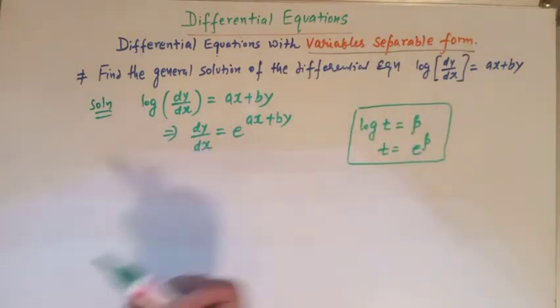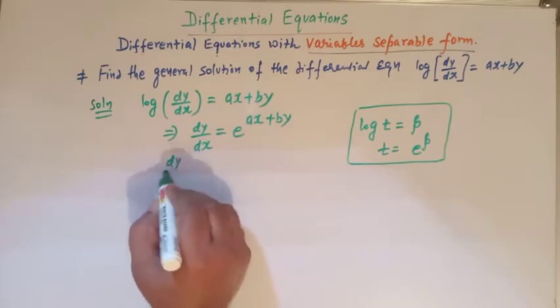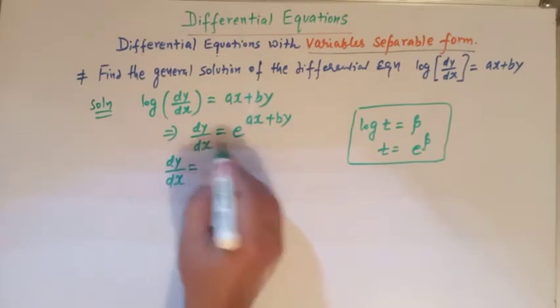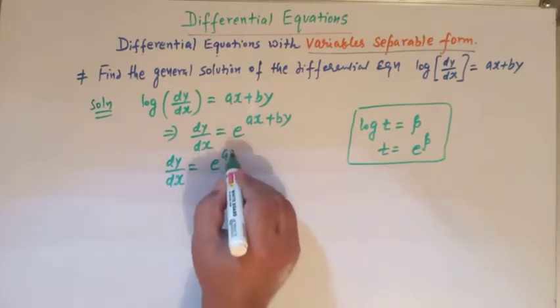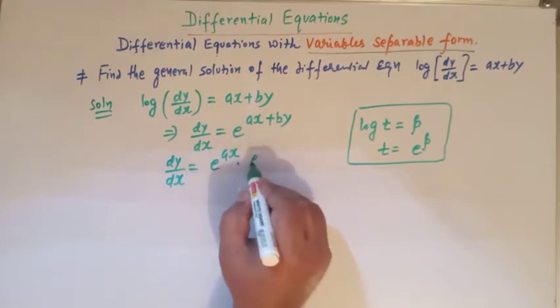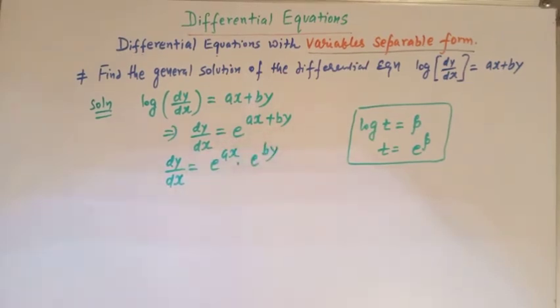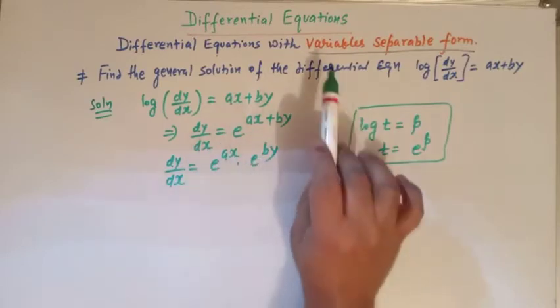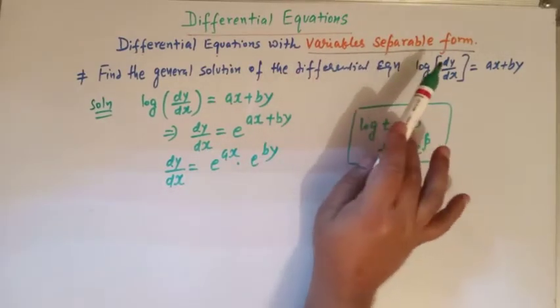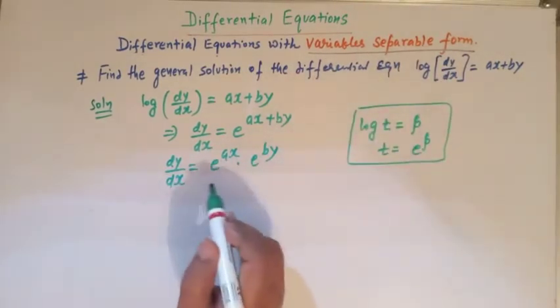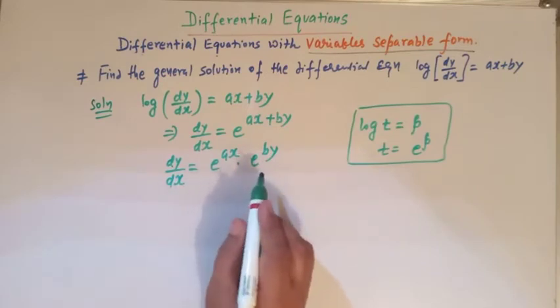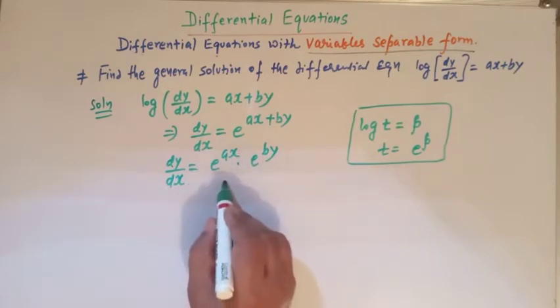Okay, now we can write this differential equation in the form e raised to ax times e raised to by. Now applying the variables separable form, we collect the term containing y variable to one side.